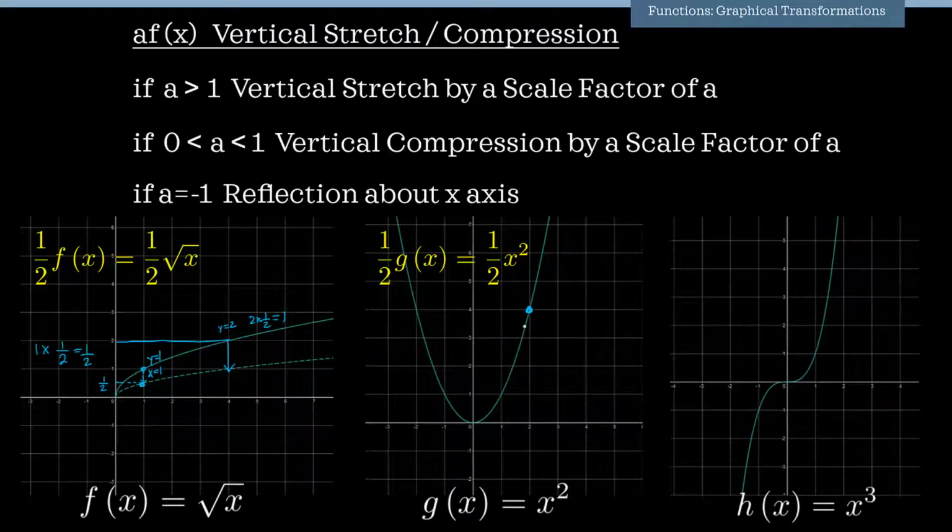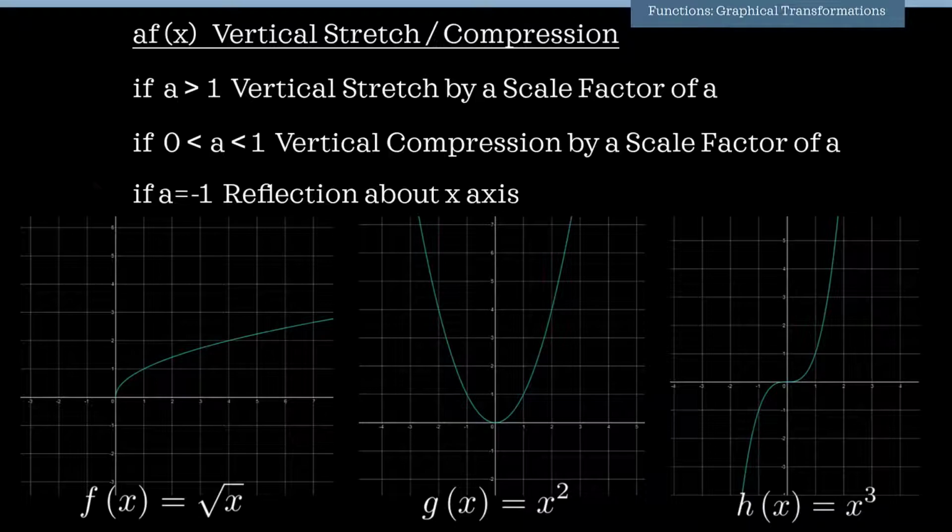If I multiply 4 by 1 upon 2, it's going to be 2. So this point is going to move downwards. The x coordinate is going to remain the same, which was 2, but the y coordinate is now also 2. So this point is going to move over here to the point (2, 2). And for the graph of the function h of x, I'm going to do the same. So after this transformation, my graph of 1 upon 2 h of x is going to look like this.